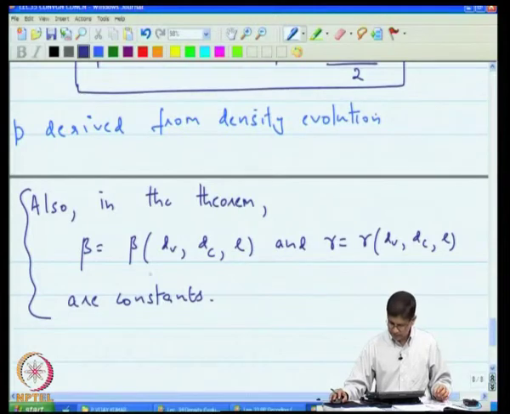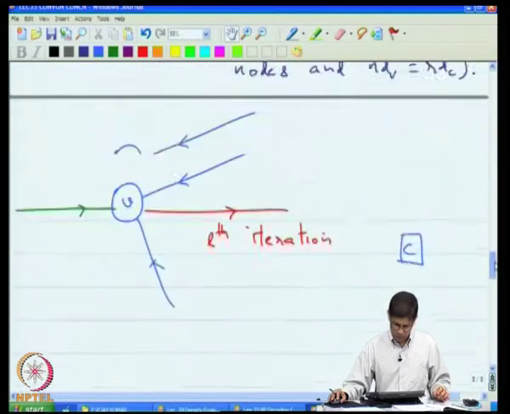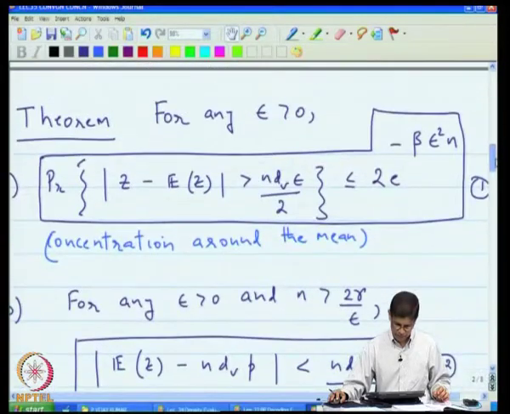Okay. So, with that I think I have explained all the notation in the theorem.